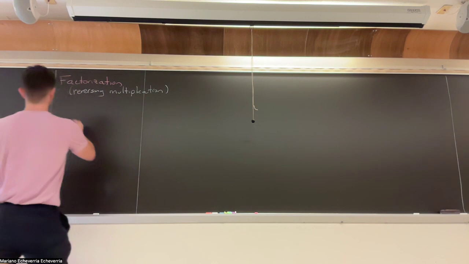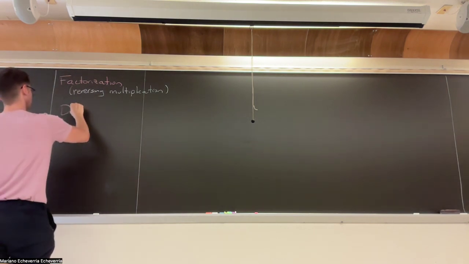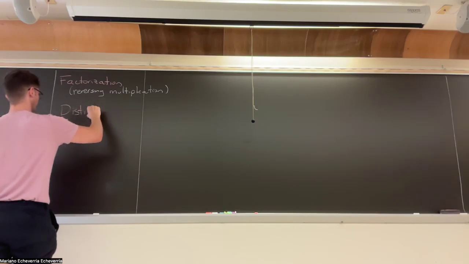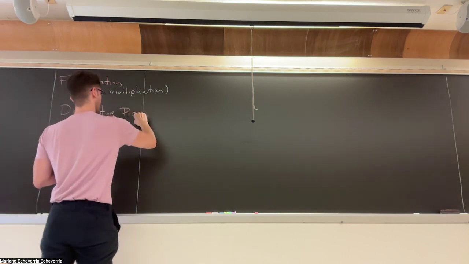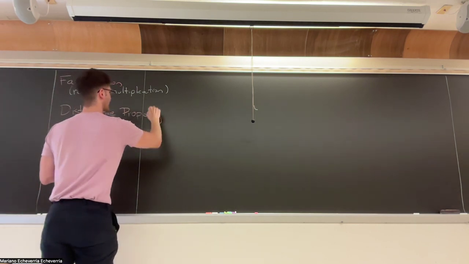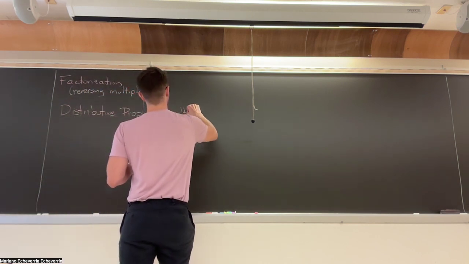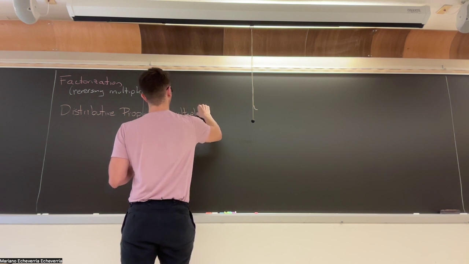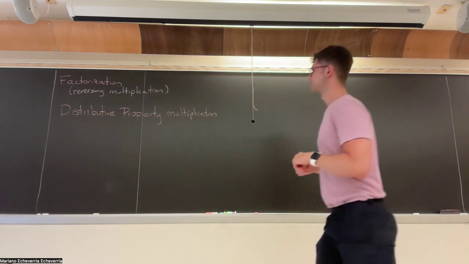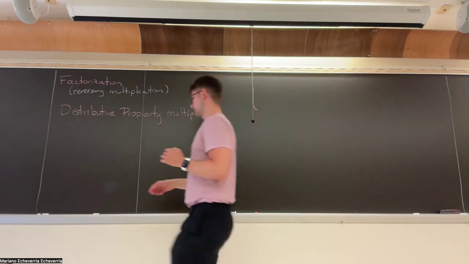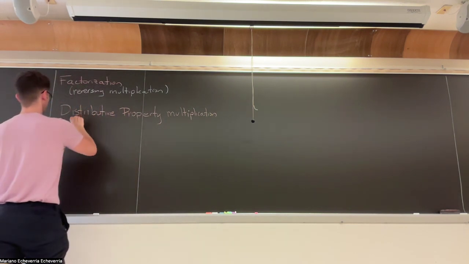So we have the distributive property, which sometimes is referred to as foiling.